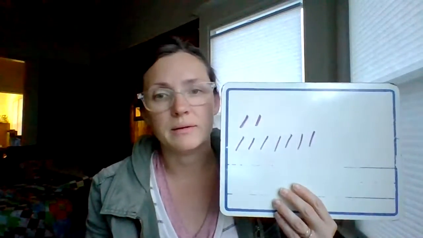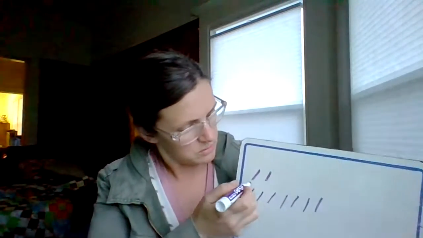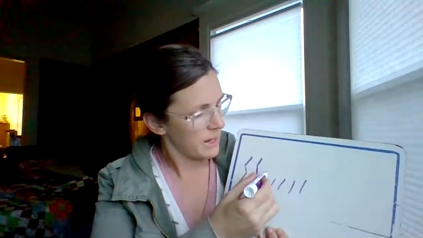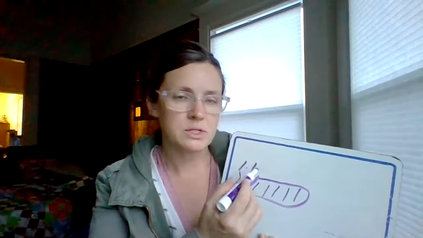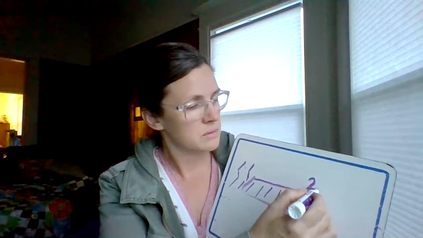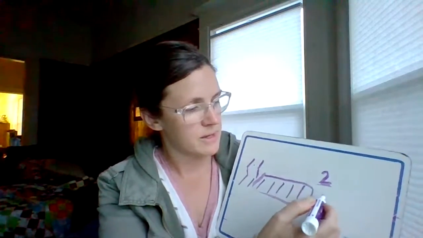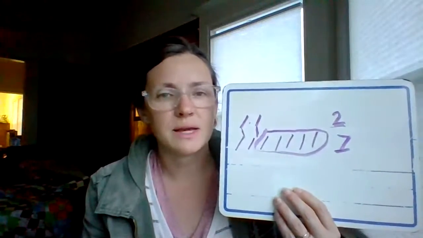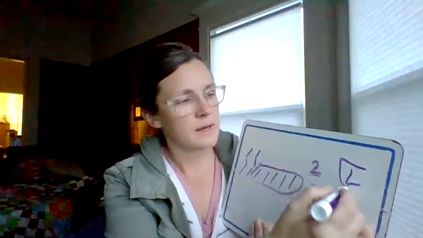Now, how do we compare? I'll tell you. First, we draw a line between the ones that match. Then we draw a circle around the extras. Let's count how many are at the top. 1, 2. And how many are down here? 1, 2, 3, 4, 5, 6, 7. Which is less? 2 is less than.